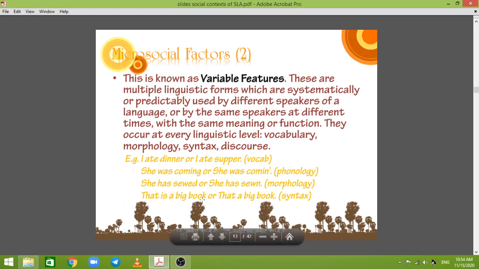This is a big book. This is a big book without the verb. So we can see that the first sentence is used with verb to be, is, and the second one, the structure of the sentence is without verb to be, but they refer to the same meaning.